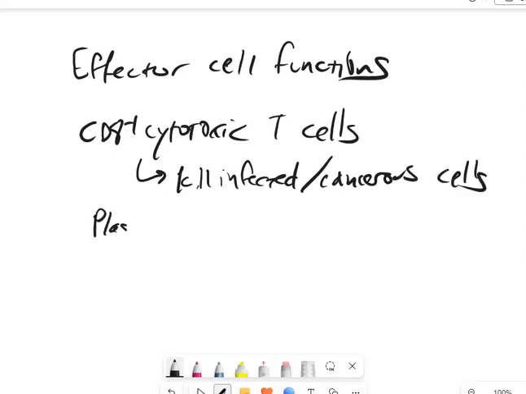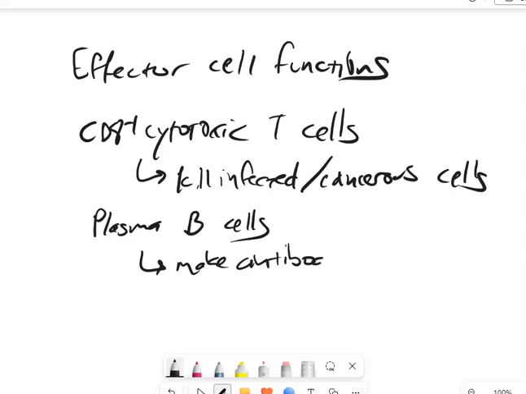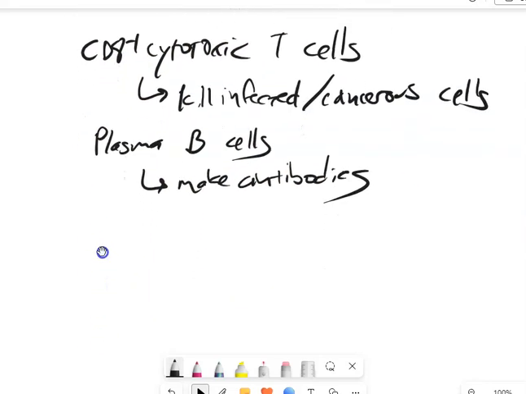And plasma B cells, which make antibodies. So all those antibody functions happen because plasma B cells make the antibodies, and we haven't really looked at cytotoxic T cells, but they are what ends a viral infection in a human.